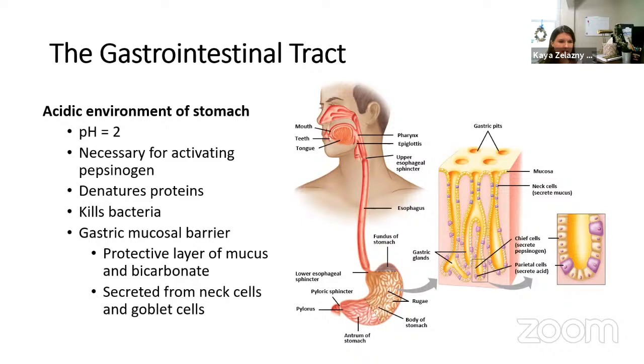So the bicarbonate in the mucus stays kind of stuck in the mucus, but as the hydrogen ions come into contact with it, it neutralizes them directly on the tissue, preventing you from digesting your own stomach, basically. There is another type of cell that's also involved in the production of this mucus and bicarbonate. They're called goblet cells, but they're also not on this image.